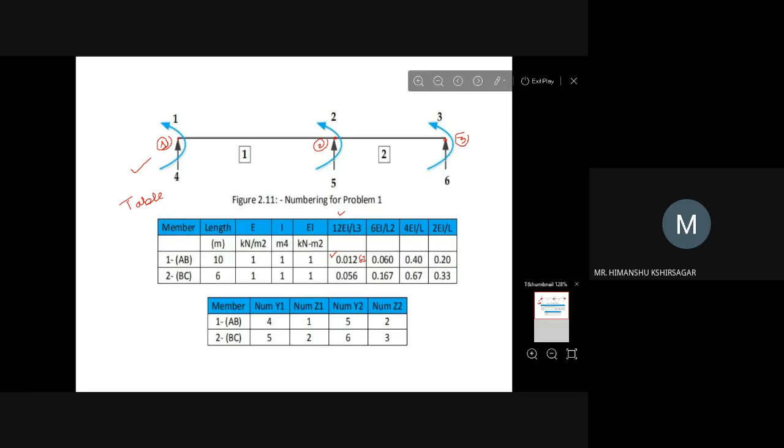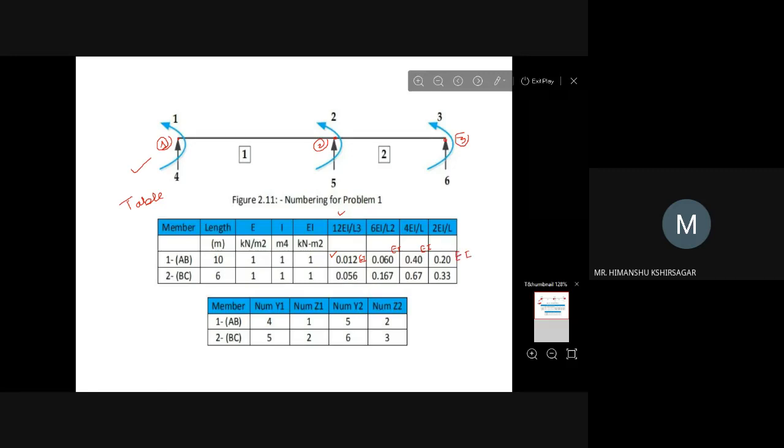Okay. Then similarly find out 6 EI by L square, 4 EI by L and 2 EI by L. 6 by 10 square, you will get 0.060 EI. Then 4 EI by L is 0.40 EI and 2 EI by L is 0.20 EI.